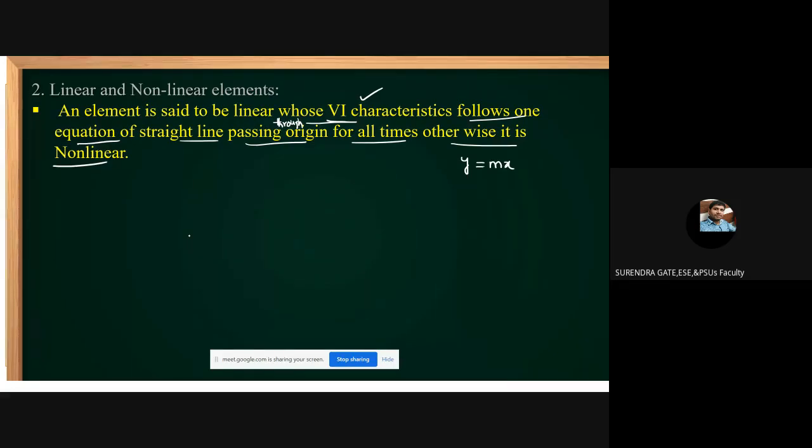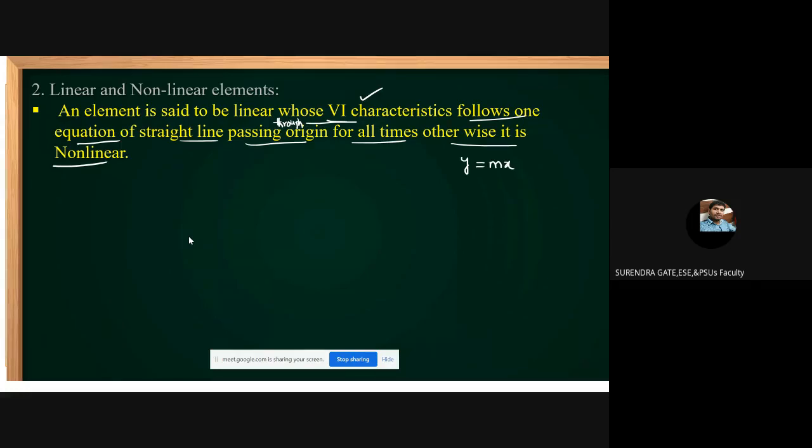But there is also a mathematical concept. Mathematically, how to identify whether an element is linear or non-linear? To analyze, if that element satisfies both the superposition and homogeneity principles, then we can say it is a linear element.